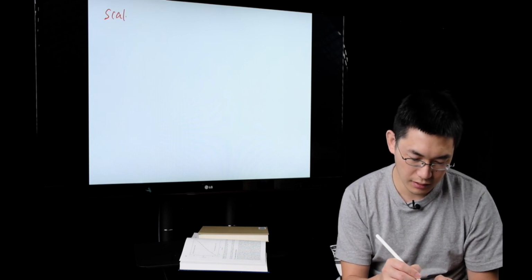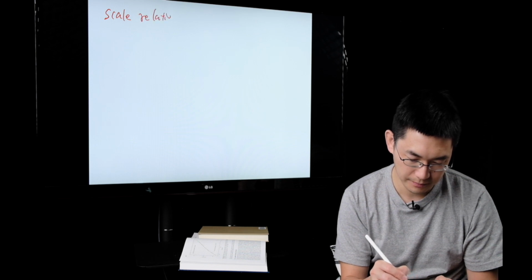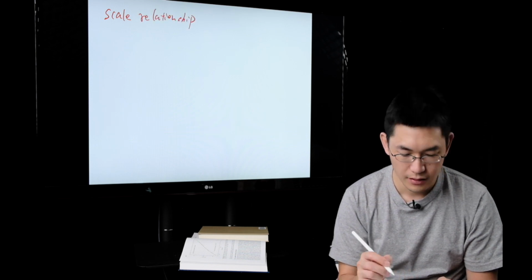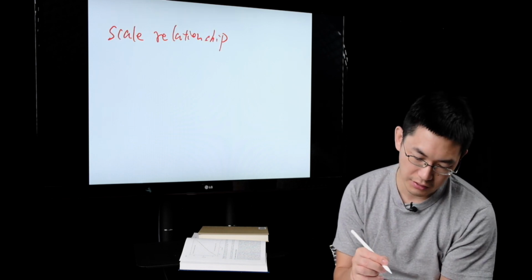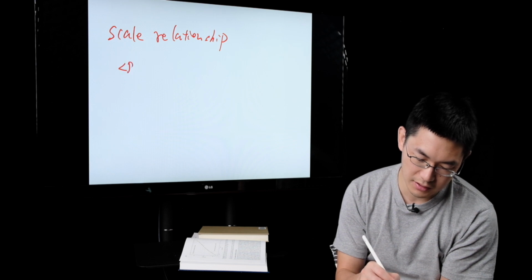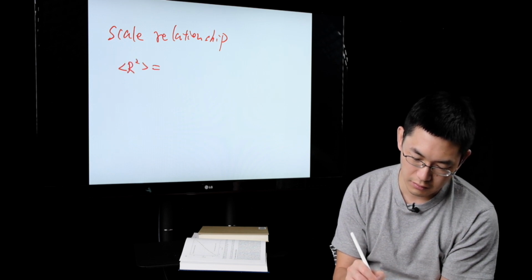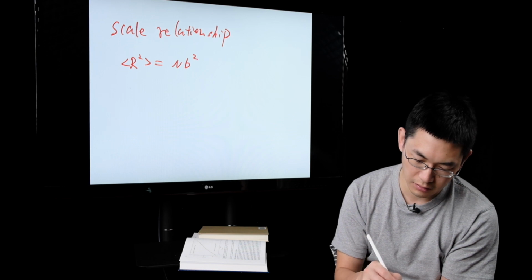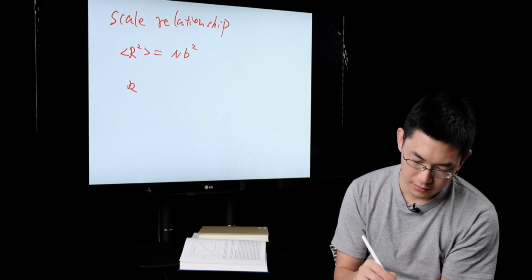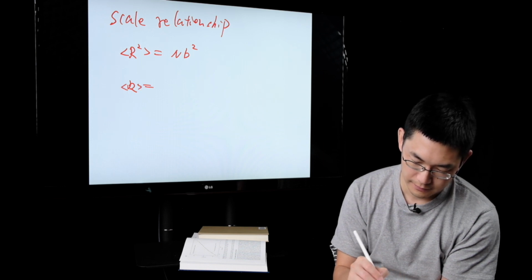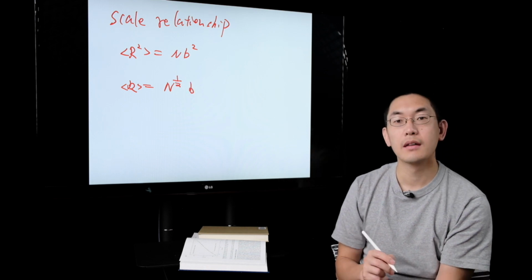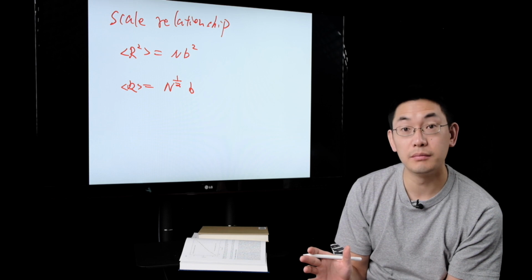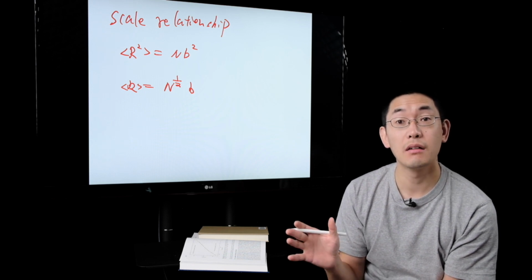So, what is a scaling relationship? In the normal case, can everybody see the writing okay? In the normal case, we know end-to-end distance squared would be equal to n b squared, or R would be equal to n to the power of one half times b.